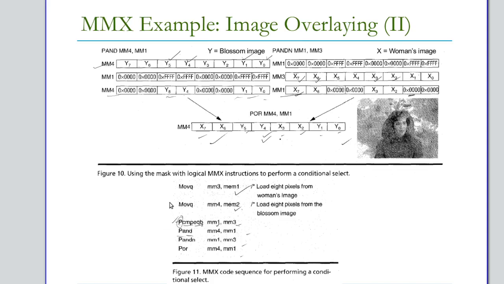Here you can see you have divided the whole 64-bit into 8 parts, and with one given instruction you are able to execute 8 operations. So this is the beauty of multimedia extension operation. So this is what we were seeing in this video.